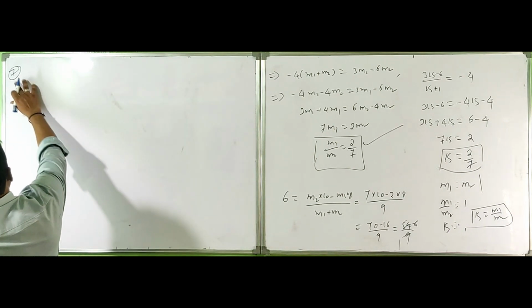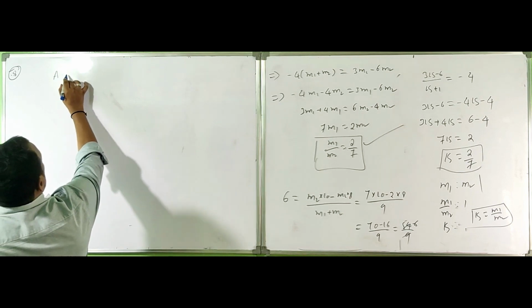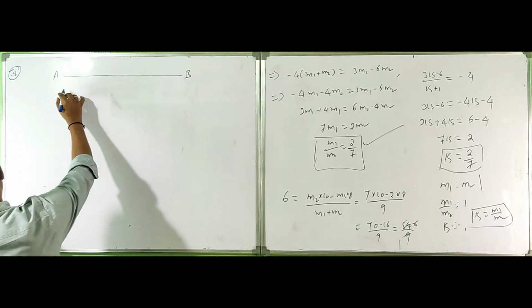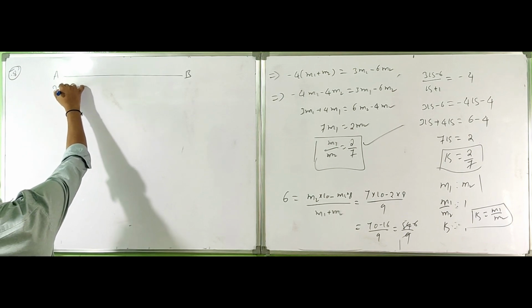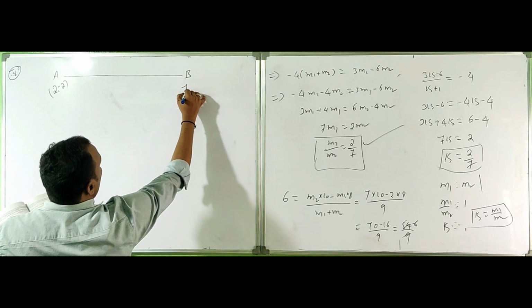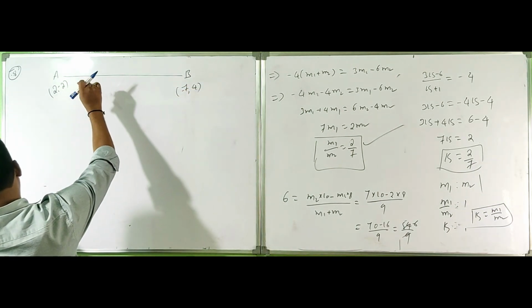The line segment is AB. This is question number 8. A is (2, -2) and B is (-7, 4). Trisection is given.